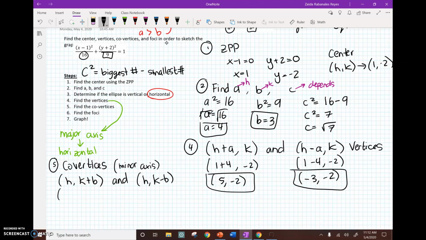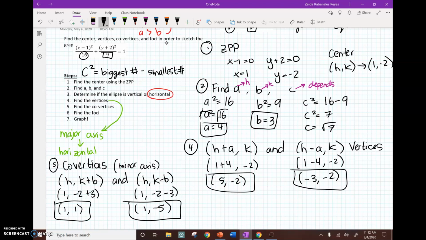So then that gives me 1 comma negative 2 plus 3, 1 comma negative 2 minus 3, which is 1 comma 1, and 1 comma negative 5. So then I have my two co-vertices. And so this is vertices, co-vertices, and I have my center. You're going to need all of those to graph.